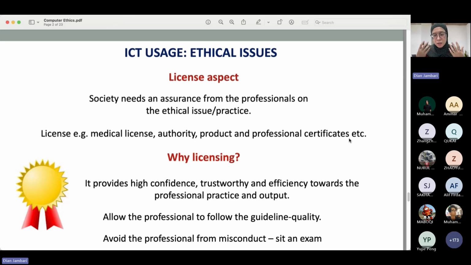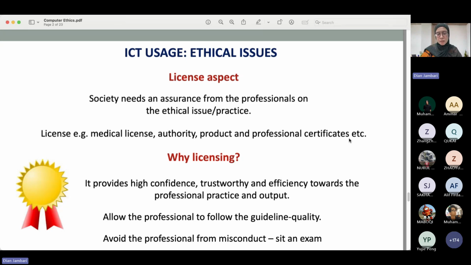Okay, so society needs to be confident, needs to be reassured that the product or the ICT that they use is good, and good in the sense that it covers the ethics, everything is ethically good with the technology or the ICT. So the need for that assurance. Some examples of license, not necessarily just a computer license, but license in general.